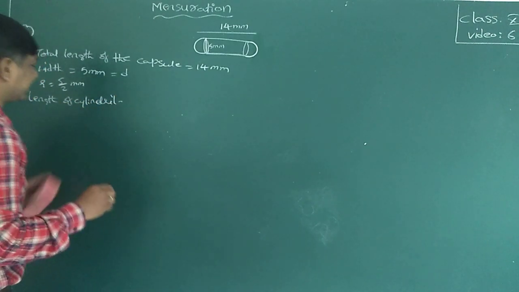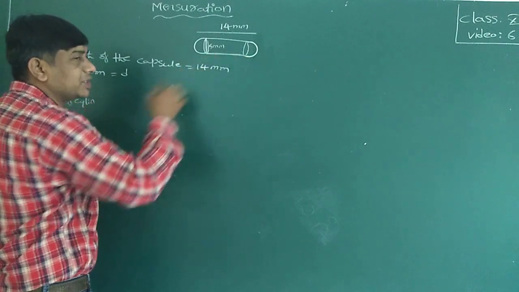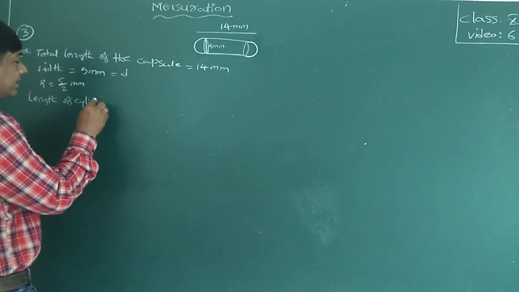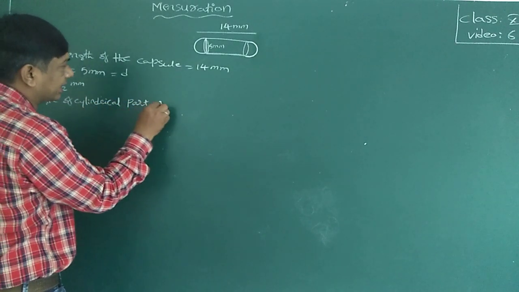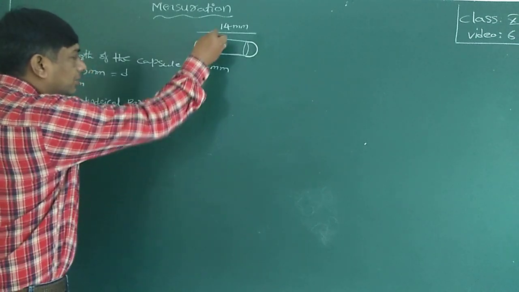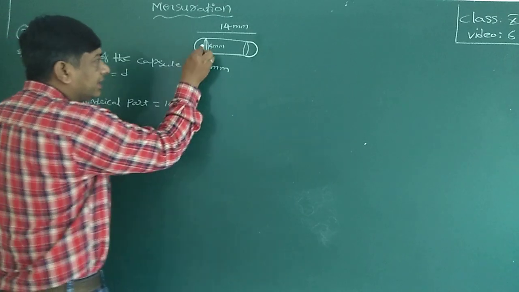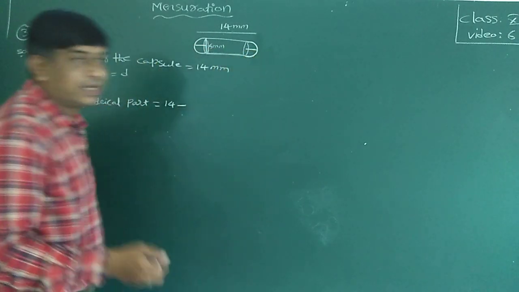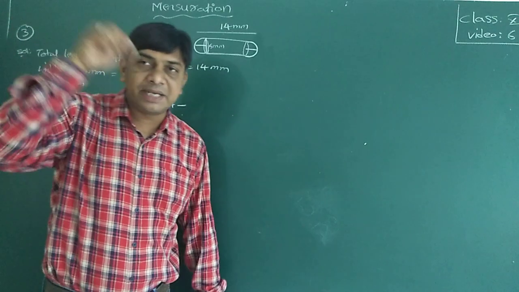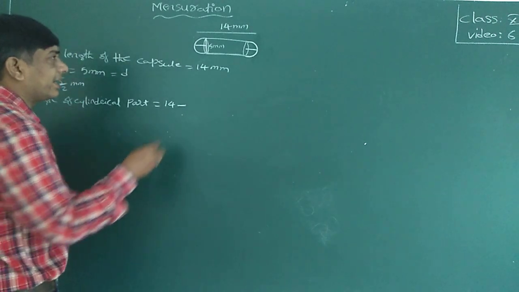There are three partitions, no? One cylinder and two hemispheres at either end. The cylindrical part is equal to the total length, 14 millimeters, minus this height and this height. In a hemisphere, the depth is nothing but the radius.